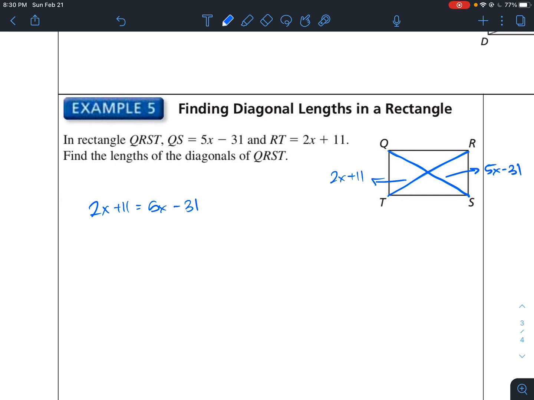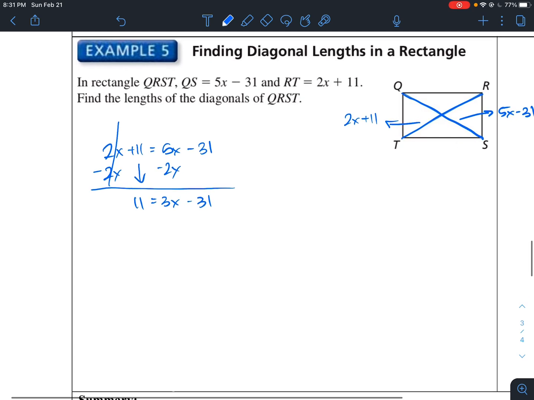Here I can solve for x. So I'm going to get x's to the left side. So I'm going to subtract 2x from over here, subtract 2x over there. So 2x minus 2x is 0. Drop down the 11 equals 5x minus 2x is 3x minus 31. Now I want to get 31 on the other side, so I'll add 31 to both sides.